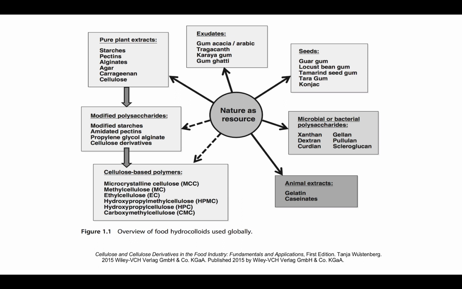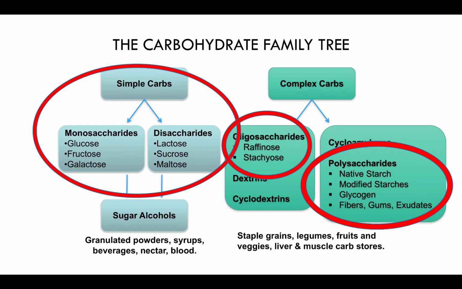In some cases, gelatin or caseinates, you can get it from animal products, but most of the time we're talking about plants. And then there are many different types of cellulose type derivations, modified polysaccharides, and then pure chemical compounds that we look to get hydrocolloids. So this is a very diverse group of compounds.